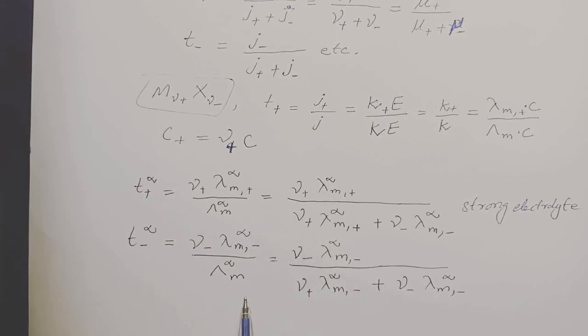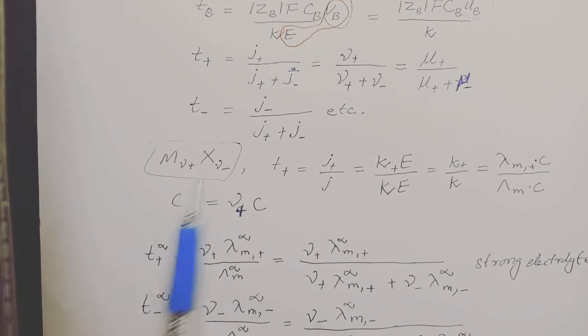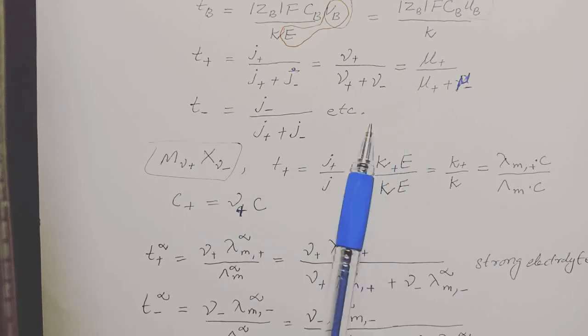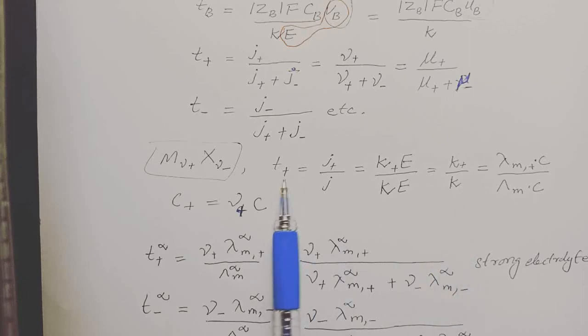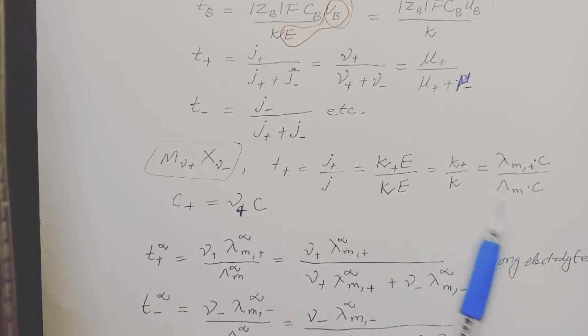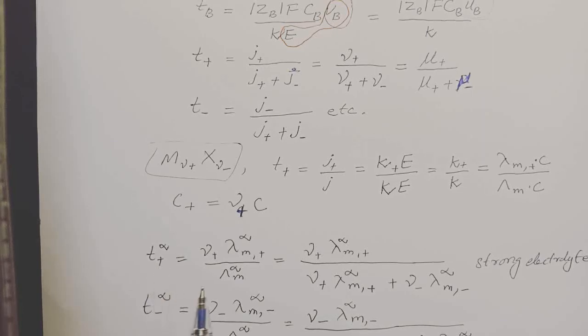So here we can see how we can calculate the transport numbers at infinite dilution, as well as in terms of the molar conductivity. Here these are the transport numbers in terms of the molar conductivities, whereas these are the transport numbers at infinite dilution, so they are expressed in terms of the equivalent conductivity.